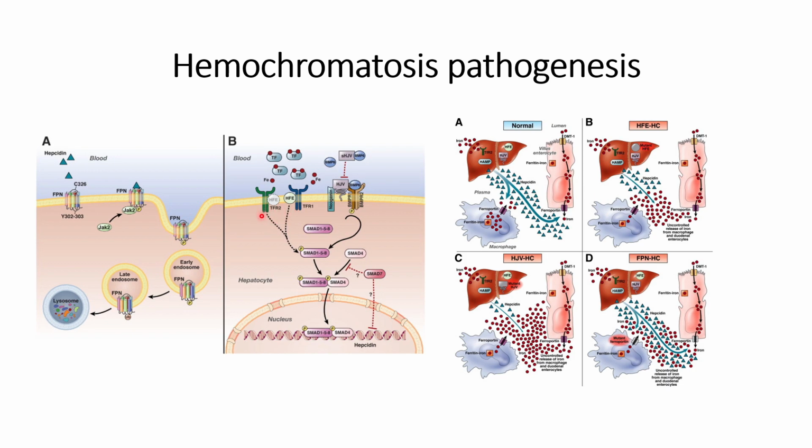However, hepcidin is not the only factor that controls the overloading of the iron. There are other factors also, such as BMP6, HFE, HJV.